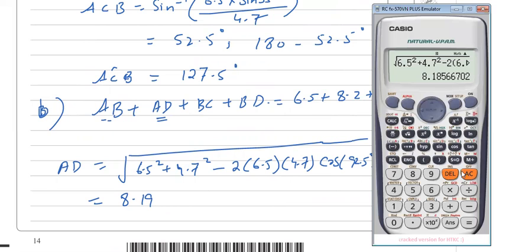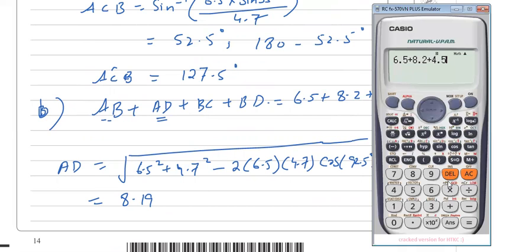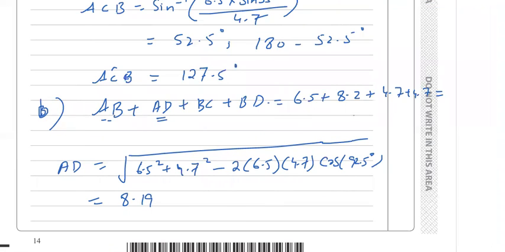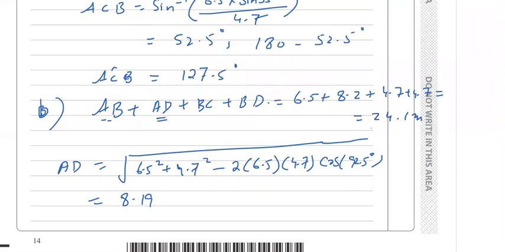So the total will be 6.5 plus 8.2 plus 4.7 plus 4.7. That gives me 24.1. So the total is 24.1 meter, which to the nearest meter is approximately 24 meter.